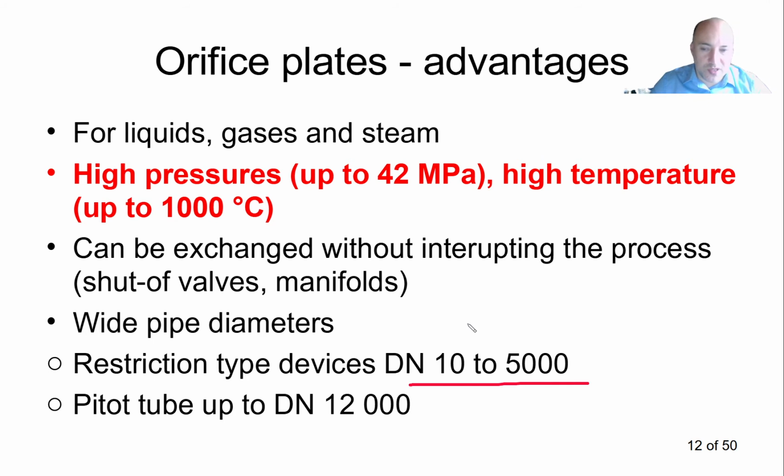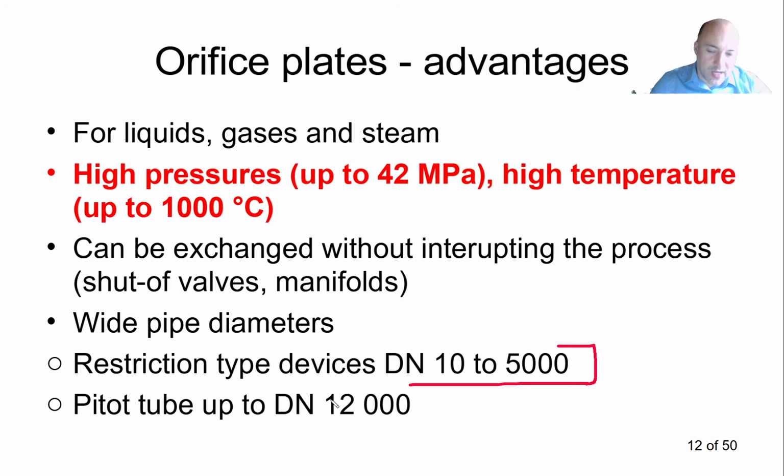You can use a venturi tube, a venturi nozzle, for example, and all this is based on the restriction type. So in general, the restriction type devices can be used in those pipe diameters. So you see that it works from a very small range of diameters up to about 5 meters.